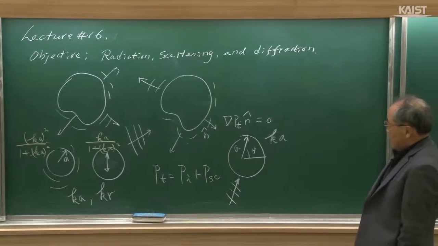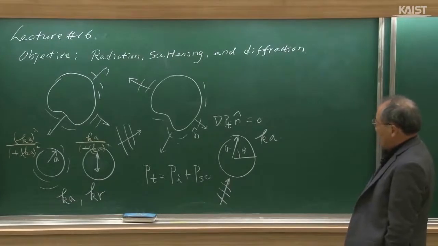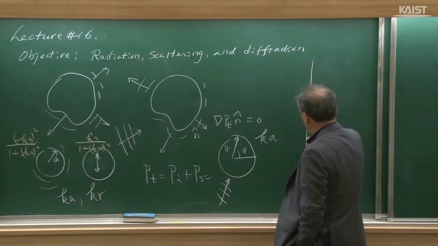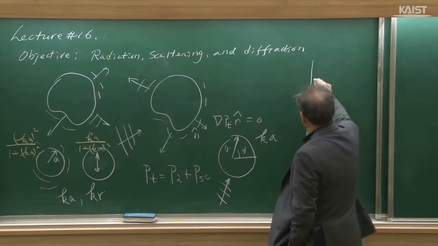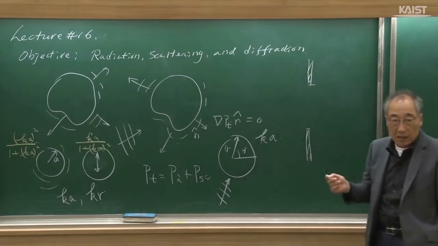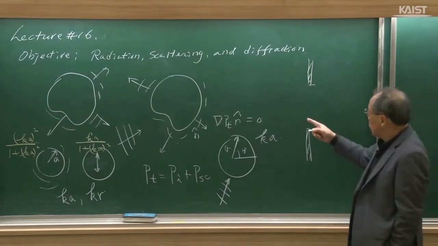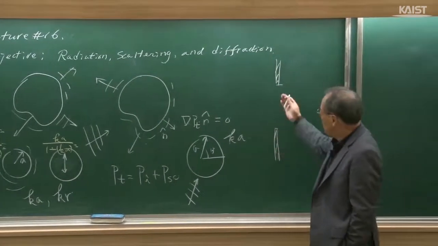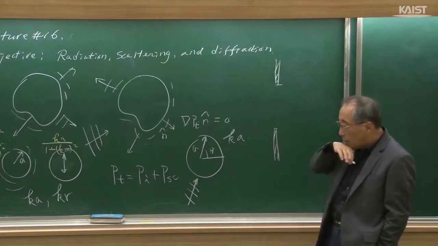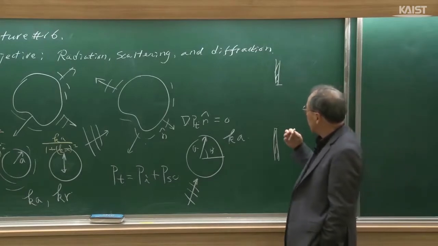All right. And then we moved to the case in which we have a slit. We start with a two-dimensional slit. In other words, we have an infinite length scale in this direction.